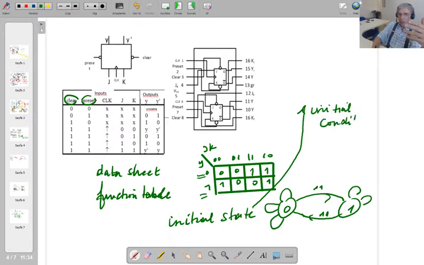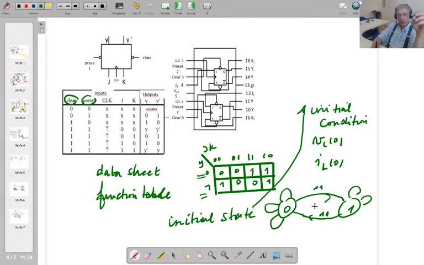You see, VC0 is the initial condition for a capacitor, and IL0 the initial condition for an inductor. So the corresponding initial conditions in a logic circuit is the initial state.